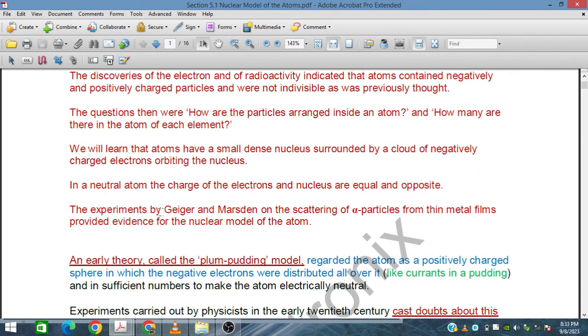The experiment of Geiger and Marsden on the scattering of alpha particles from thin metal film revealed the nuclear model of the atom.